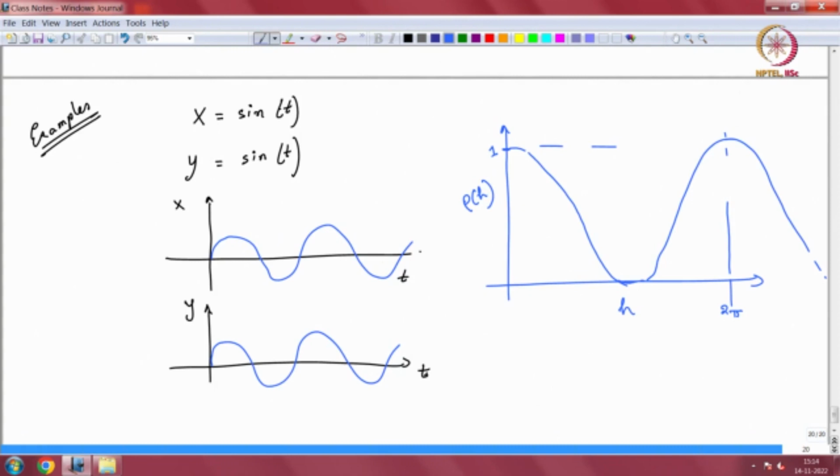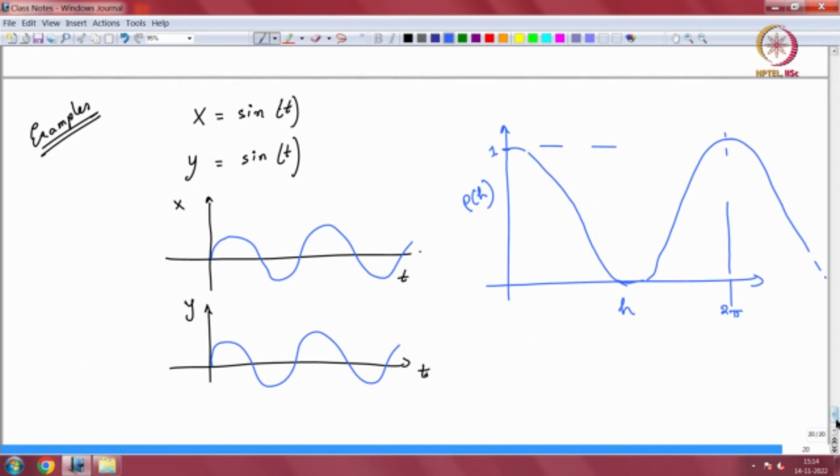At h equal to 0 it is saying that these two functions have the maximum overlap, or these two are the maximum alike. Because these are the two same functions, they are obviously going to be the most alike when they are just overlapping each other. So your autocorrelation becomes a maximum when h is equal to 0.